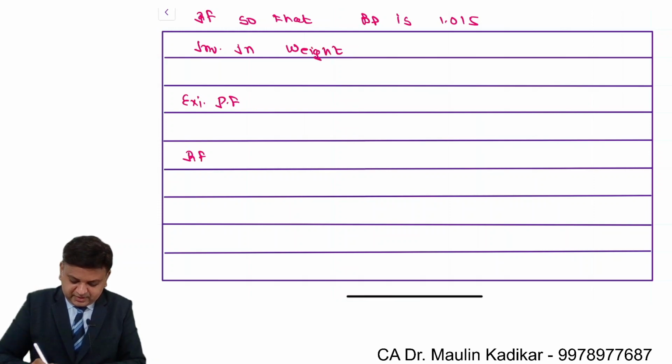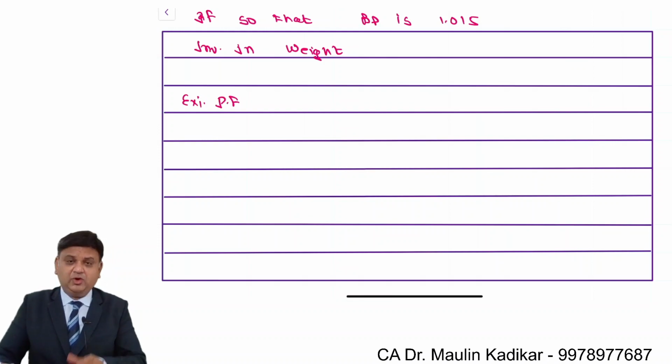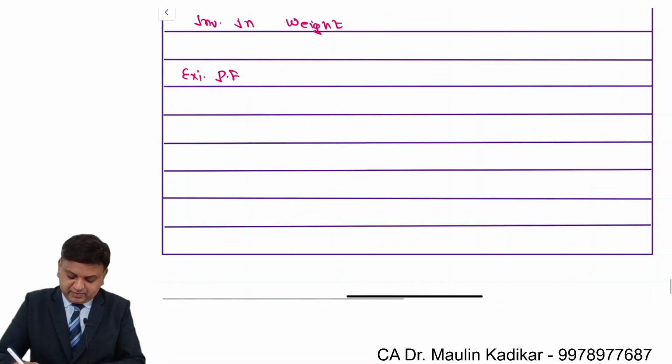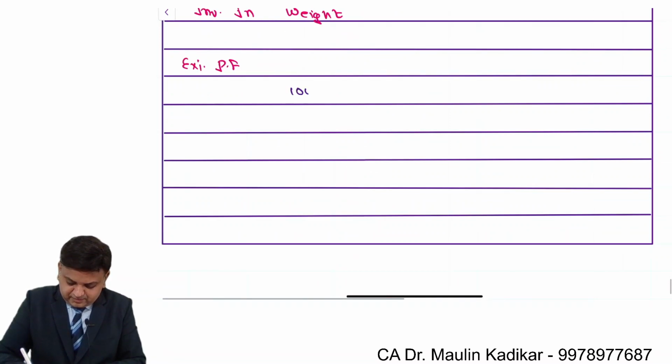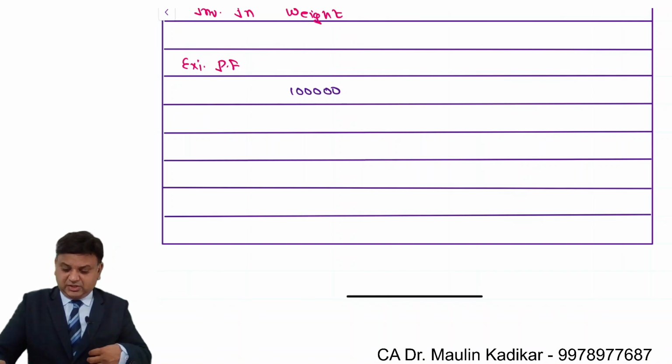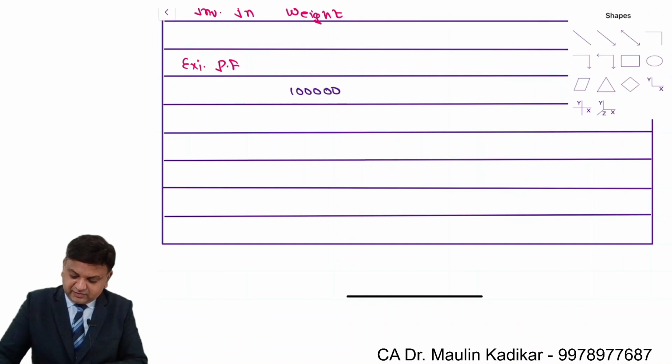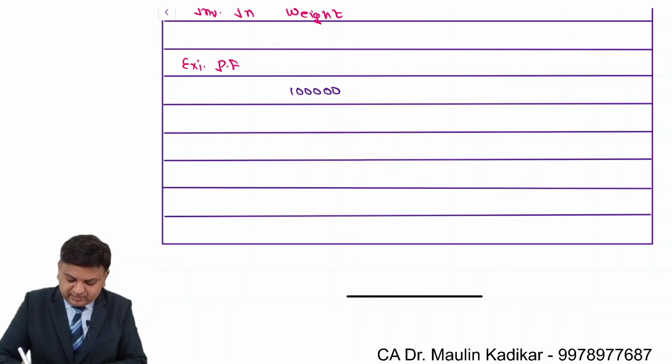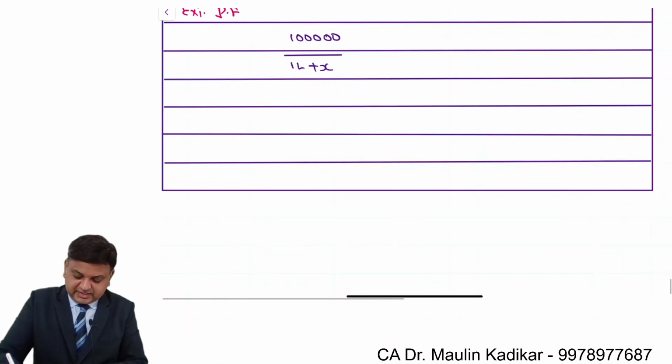Dear students, what will happen as far as the existing portfolio is concerned? Say you have already made an investment of 1 lakh rupees. You will make an additional investment of funds in the risk-free security. So the weight of the existing portfolio will be 1 lakh plus X. Next is the risk-free security.